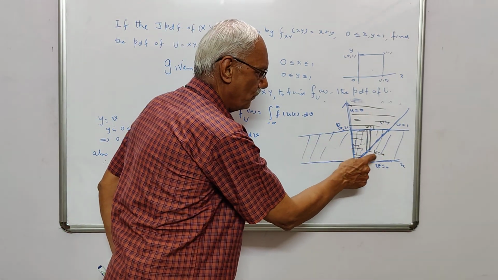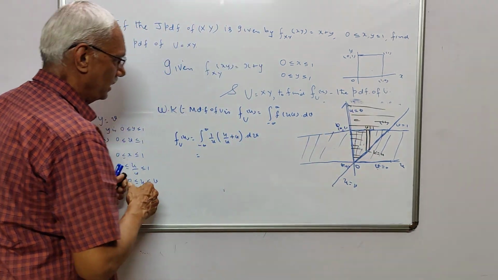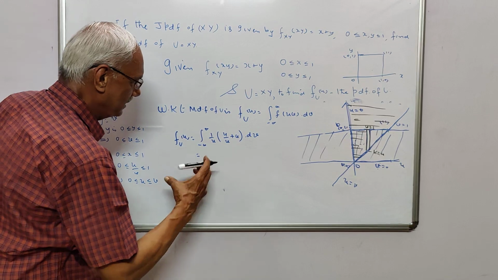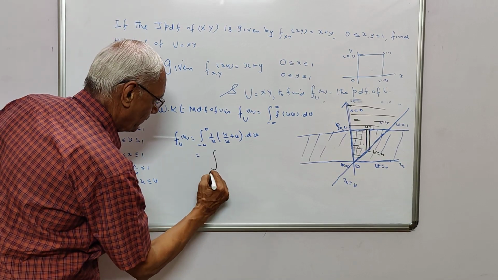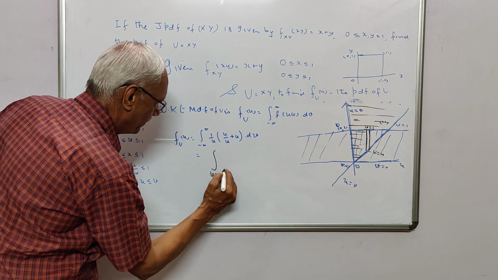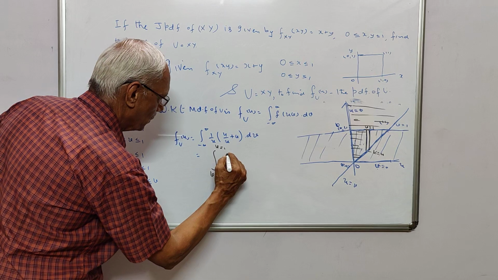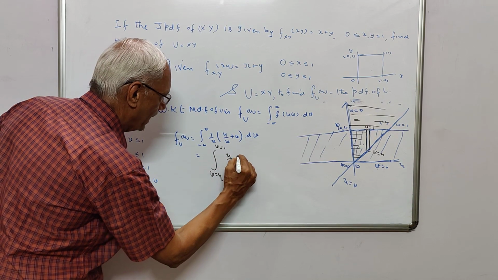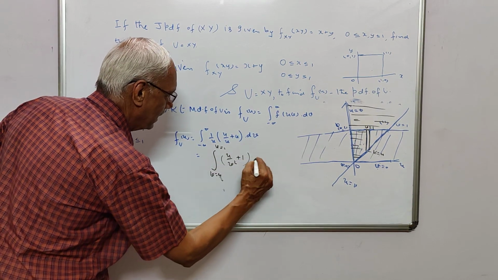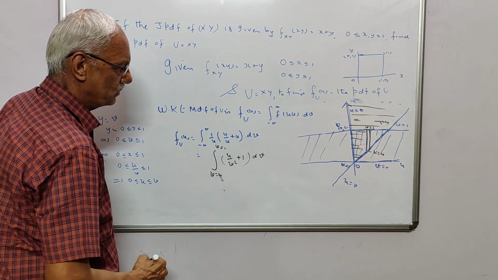So the limit of v is equal to u to v is equal to 1. So what is it that you get here? So this is nothing but the integral from v is equal to u to v is equal to 1 of (u by v squared plus 1) dv. This is what you get.